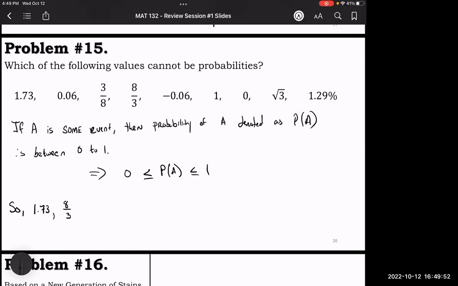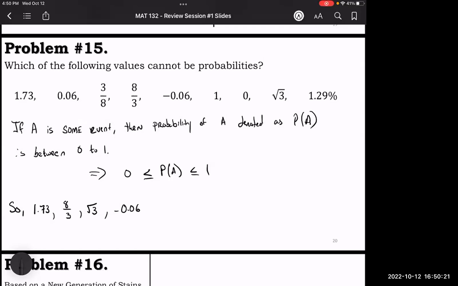Careful, the square root of 3. That's definitely greater than 1, because if you enter that in the calculator, it should be 1 and change. Those are all values that cannot be probabilities.